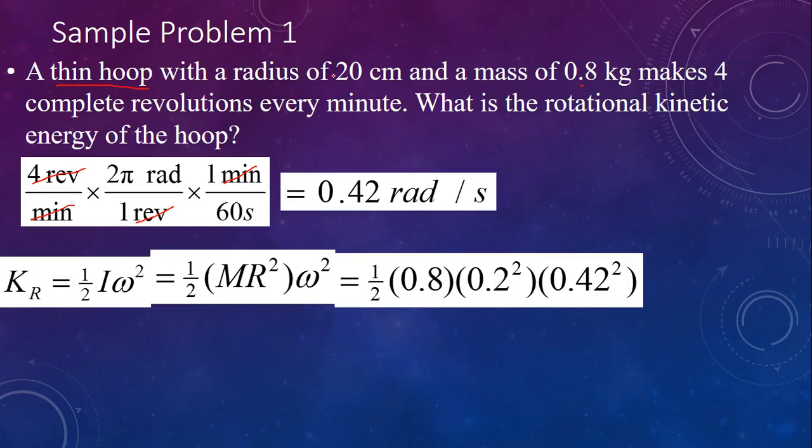For r, we want to plug in the 20 centimeters, which of course we need to convert to 0.2 meters. And then 0.42 is the angular speed. So multiplying all of that together, you should get a small amount of energy, 0.00282 joules. And I just want to point out this makes sense because this hoop is not spinning very fast, so it's not going to have very much rotational kinetic energy.